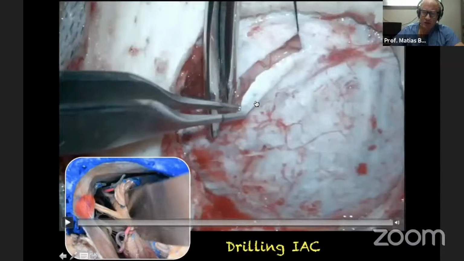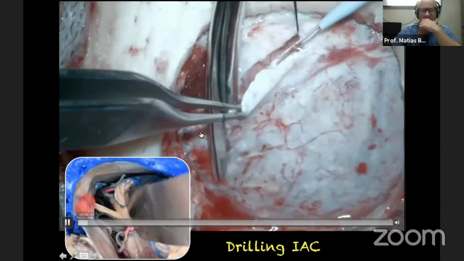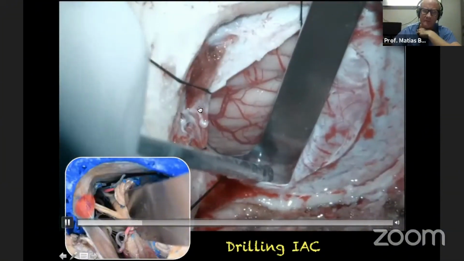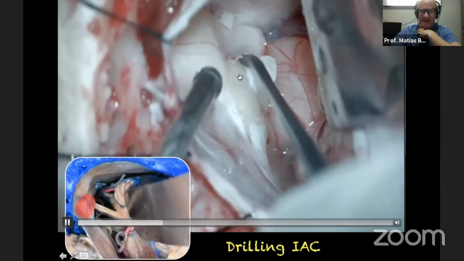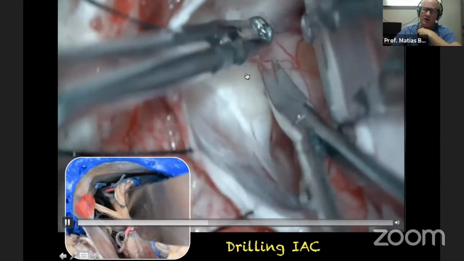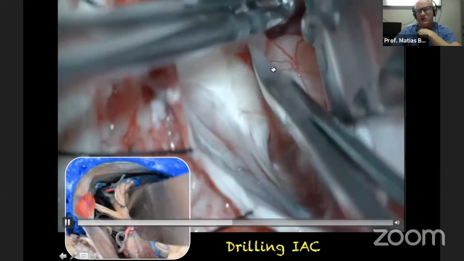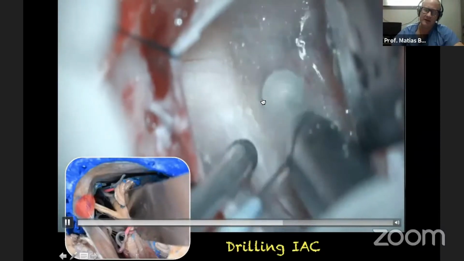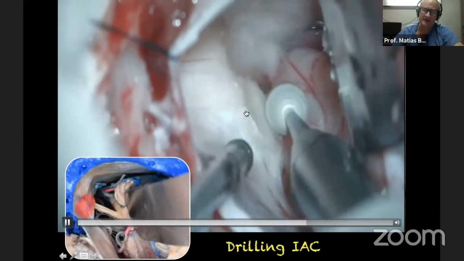I will show you a left retrosigmoid approach in a schwannoma, in a 3A classification schwannoma, where it was very important to identify the tubing lines and drill the posterior wall of the internal auditory canal in order to remove, firstly, the part of this schwannoma that grows inside of the internal auditory canal.